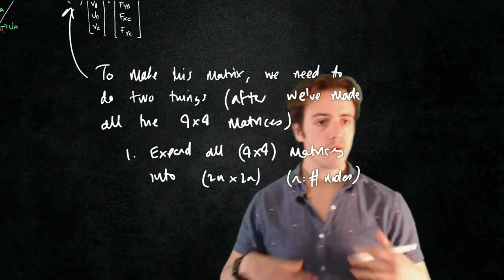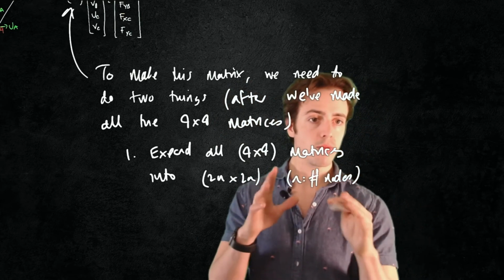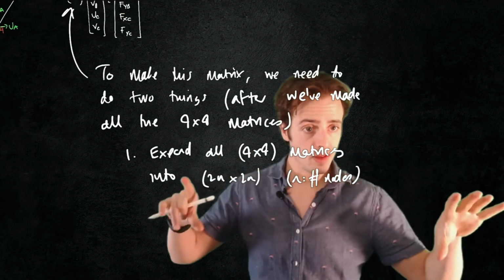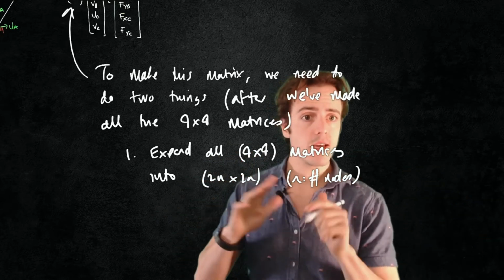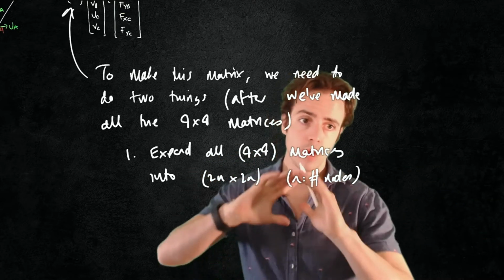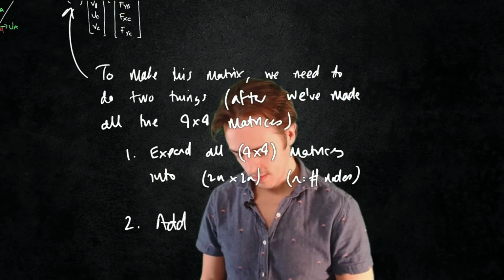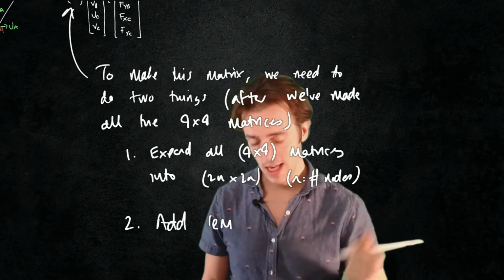If we do this properly, such that we take those 16 elements within that 4x4 and put them into 16 correct spaces in this 2n by 2n, then we can take all of those matrices and add them all together. So that second step is actually easy, add them all up.